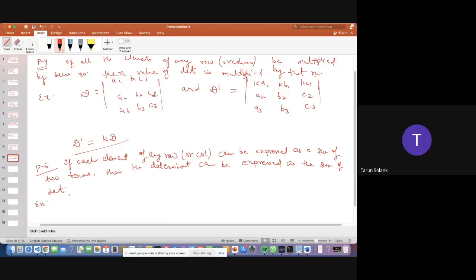Let's look at the example: A1 plus x, B1 plus y, C1 plus z, with A2, A3, B2, B3, C2, C3. This can be written as the determinant A1, B1, C1, A2, B2, C2, A3, B3, C3 plus the determinant x, y, z, A2, B2, C2, A3, B3, C3. So these both are equal.